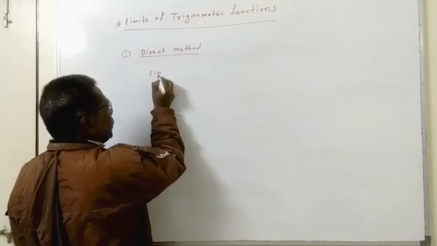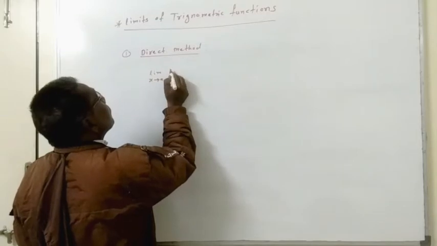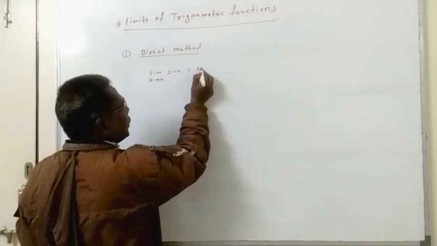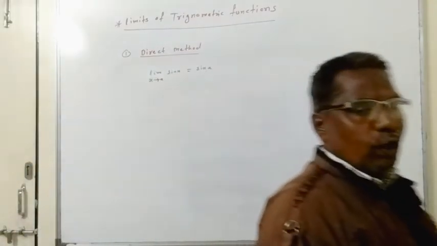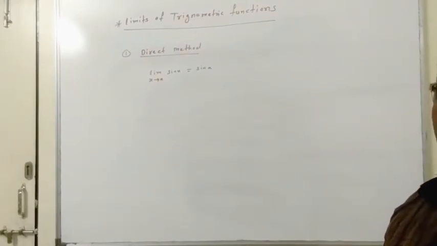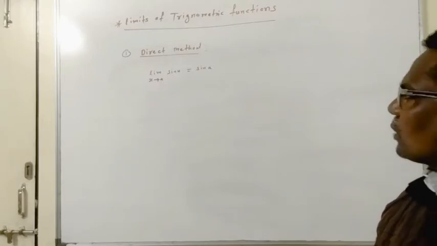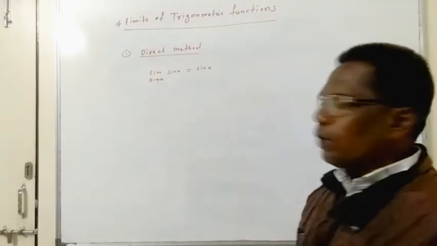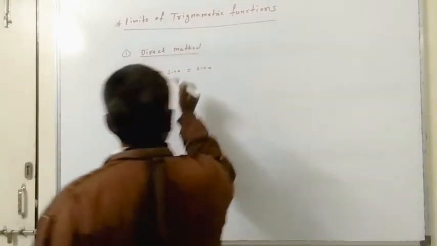If the function is defined at the particular value, as in limit x tends to a of sin x, suppose, then we put x equal to a and we get sin a. Here the value of this function at x equal to a does not come in an indeterminate form like 0 upon 0, infinity upon infinity, etc. So by the direct method, we put x equal to a in the function of the limit, and we get the limit.